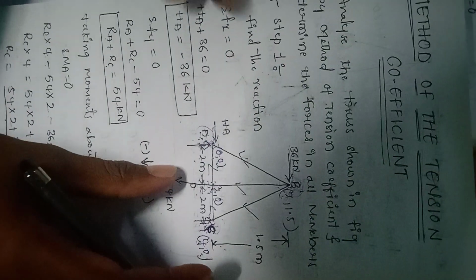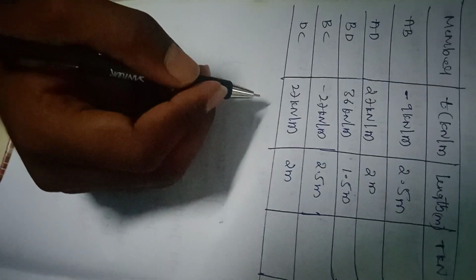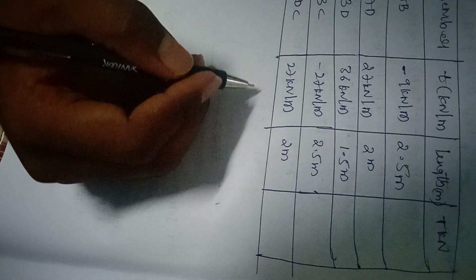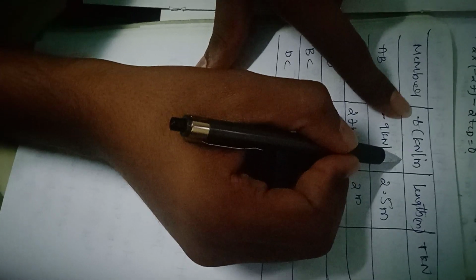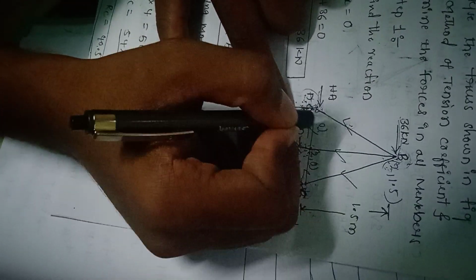Okay, let us go with the table for this problem. We have calculated all the forces per unit meter. Here we are going to draw the table for the problem. See here, member, length, and tension in kilonewtons. We calculated forces per 1 unit meter, but in this question distances are given, 2 meters, so we are going to calculate for this distance.